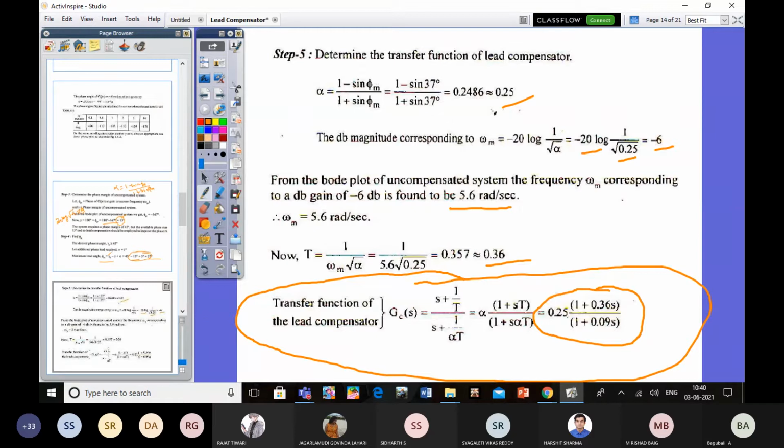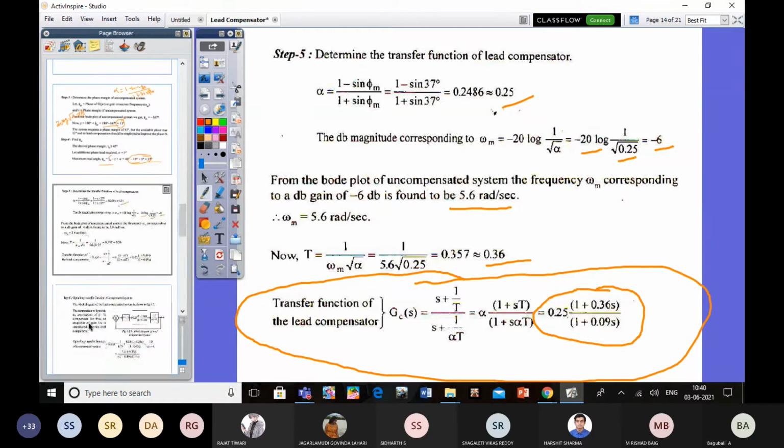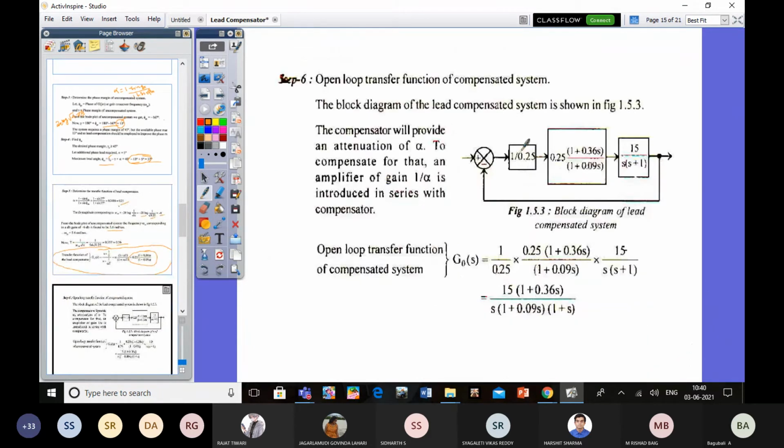Once you get it, you can determine the compensated system transfer function, that is G naught of S: 1 divided by alpha into the compensator transfer function, into the plant transfer function, with unity feedback. Multiply all three and you will get the compensated system transfer function G naught of S.